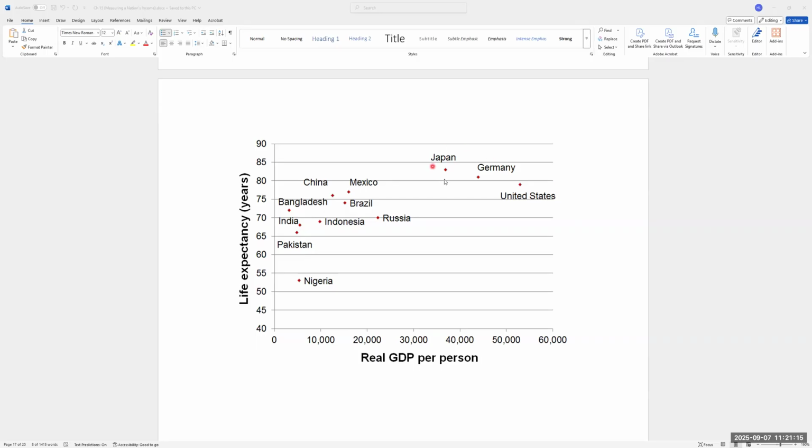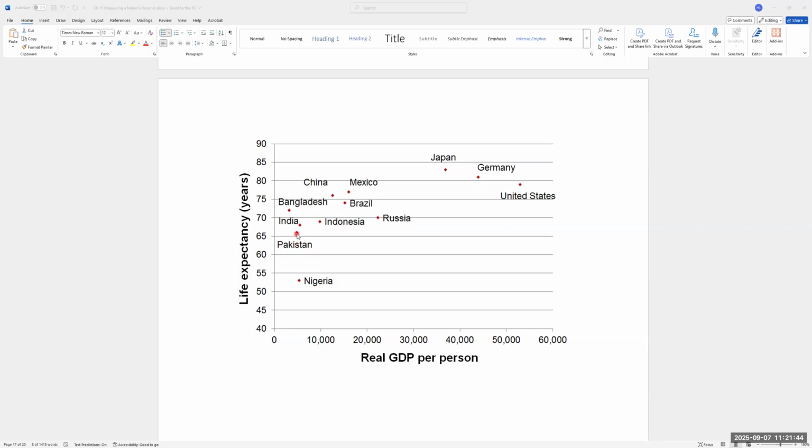You could see that those with really high GDP per person, Japan, Germany, and the US, have fairly high levels of life expectancy. Those with lower GDP, Nigeria for example, have really low real GDP per person, and you're only expected to live between 50 to 55 years in Nigeria.